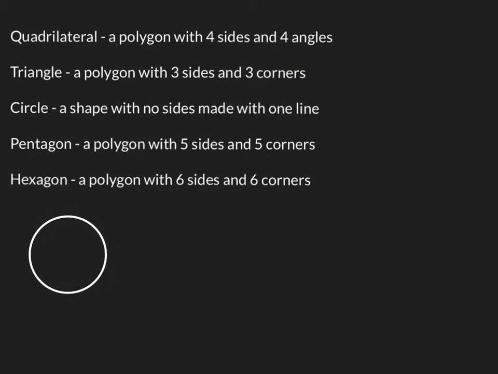The next shape we learned about was a triangle. Now, a triangle is a polygon made up of 3 sides. And that also means it has 3 angles. So let's count. 1, 2, 3 sides, 1, 2, 3 angles.